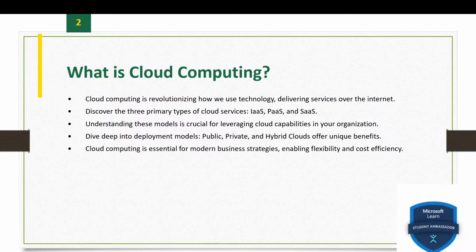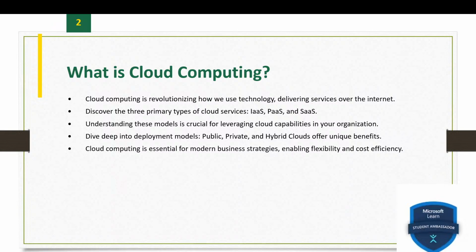And third one is software as a service, SaaS. It delivers software applications over the internet which are managed by the service provider. Users can access these applications via a web browser without installing them locally. For example, Microsoft 365, where users can access tools like Word, Excel, and Outlook online.